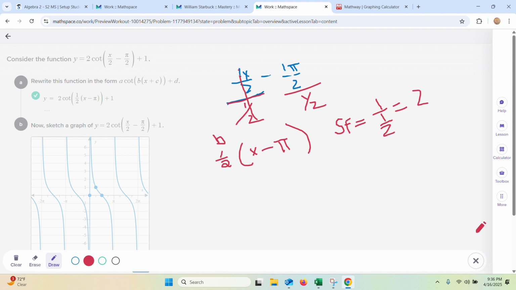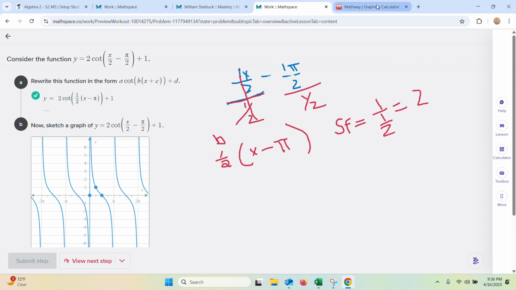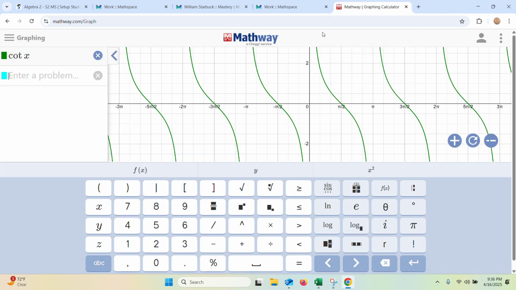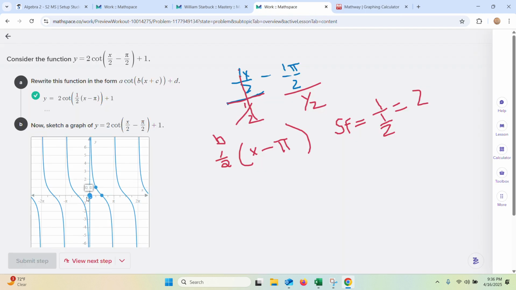All right. So what that means is that we're stretching it. I want to show you what that looks like. I use mathway.com/graph. It's free. You can just do graphs in here. Unfortunately, you can't pick a point. Here I already have a regular old cotangent. This looks like our graph currently.